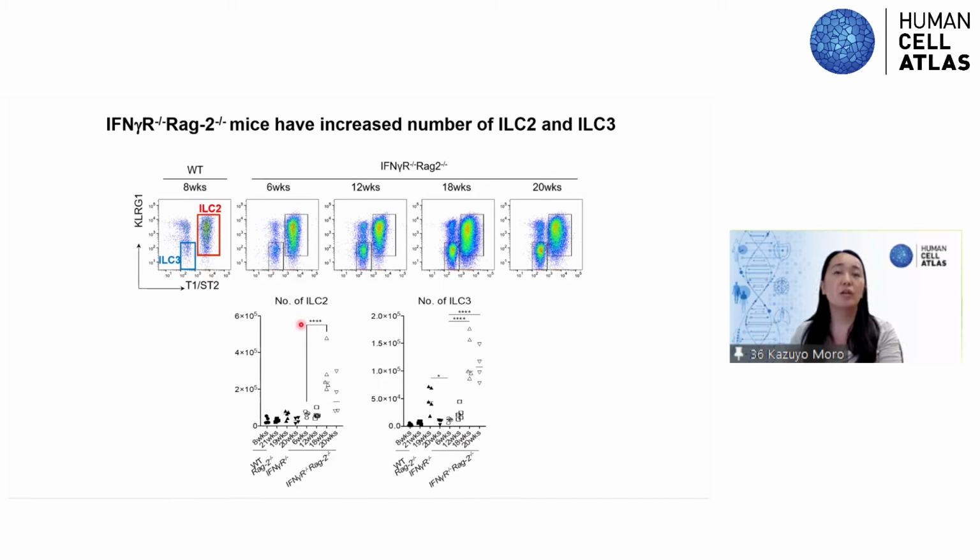We counted the number of ILC2 and also ILC3, and found that the numbers of both ILC2 and ILC3 increase at the age of 16 or 17 weeks, when the collagen production starts, which means that ILCs might be doing something bad in these double knockout mice.